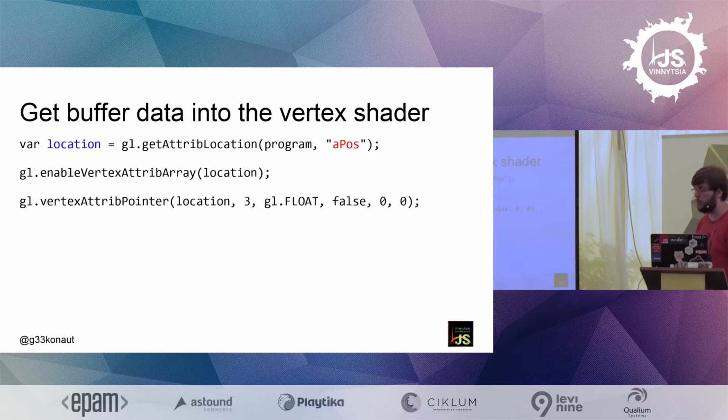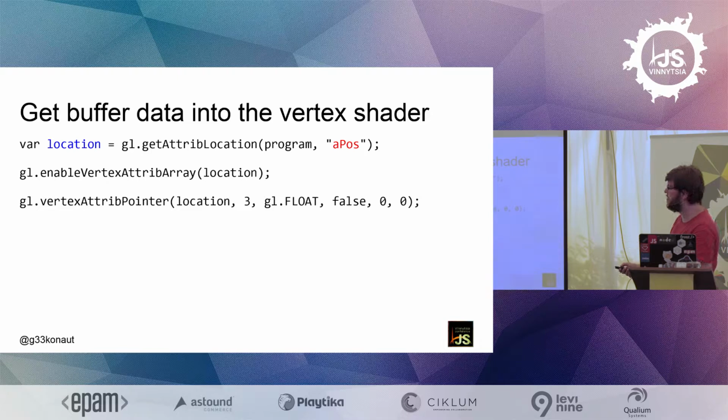And in program code, that looks like this. We get the location of our aPos attribute in the program. Then we say it's an array, and we want to enable it. And by the way, we want to point this particular location to an array.